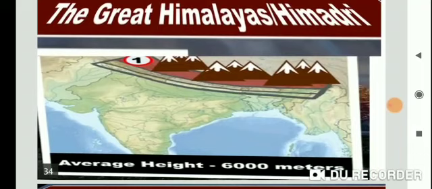The northernmost range is known as the great or inner Himalayas, or Himadri. It is the most continuous range of the Himalayas, and it contains all the prominent Himalayan peaks like Mount Everest, Kanchenjunga, etc.